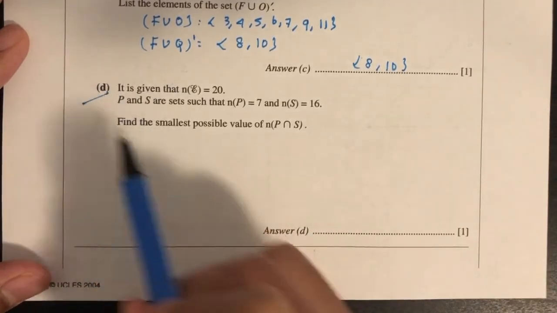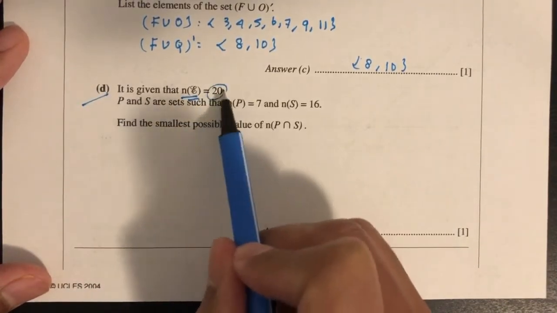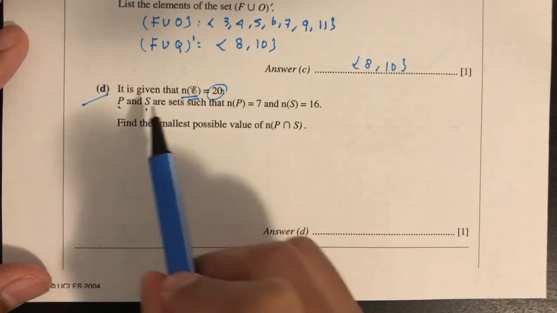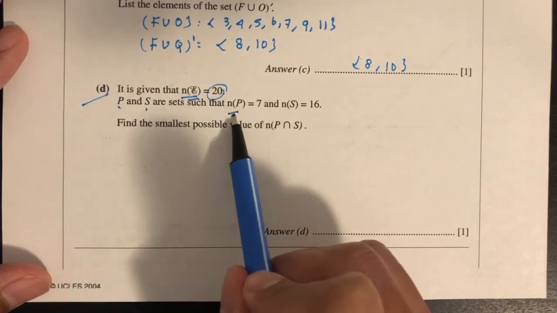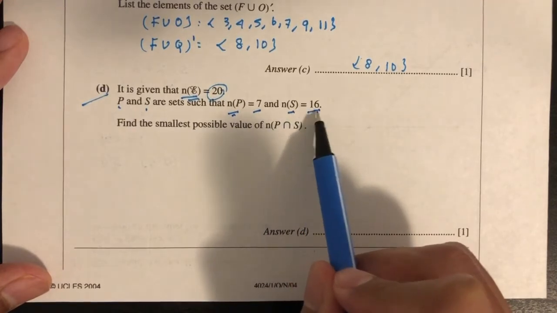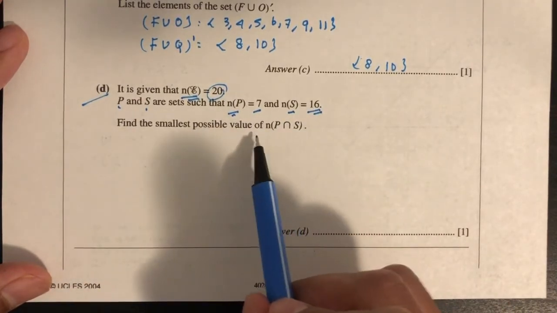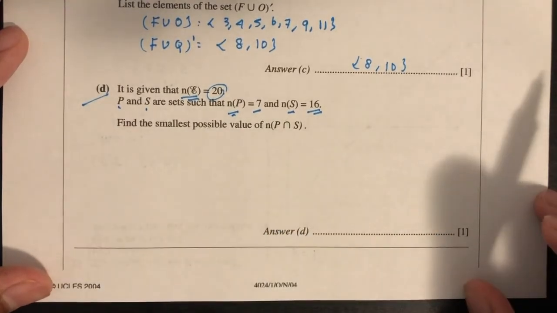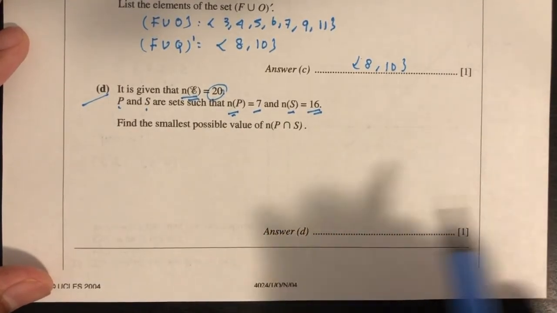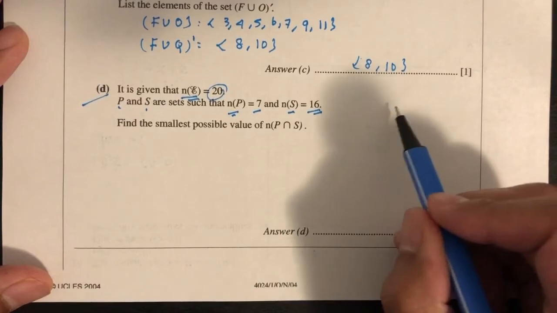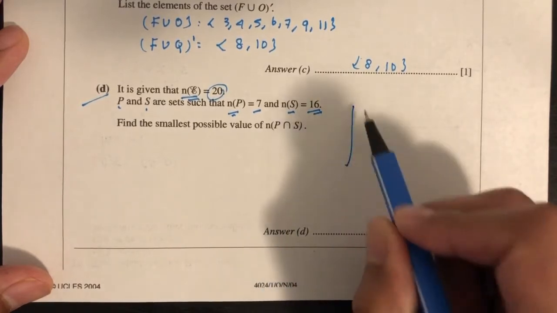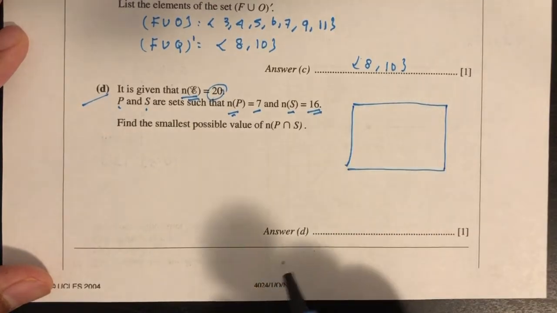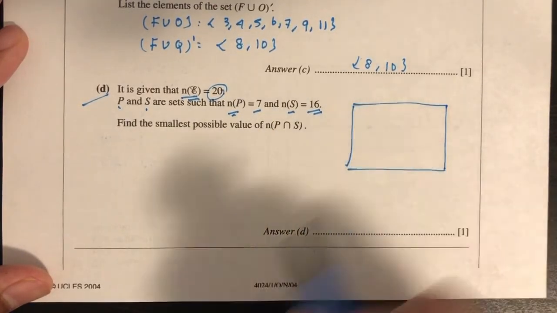Now for part D, it is given that the number of elements in the universal set is 20. Sets P and S are such that the number of elements in P is 7 and in S is 16. Find the smallest value of P intersection S. This will be your universal set. So we have two options.